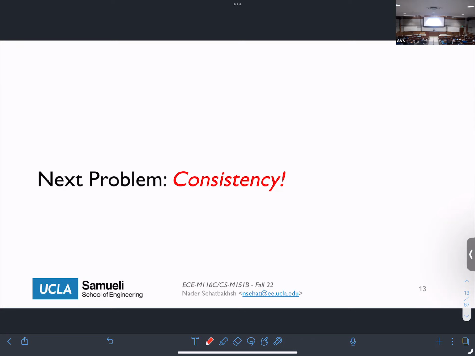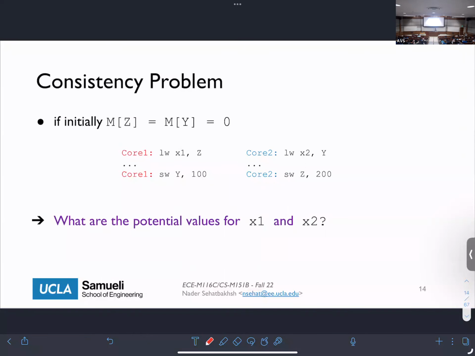All right, so now let's talk about consistency. What is the consistency problem? The consistency problem is basically twofold.